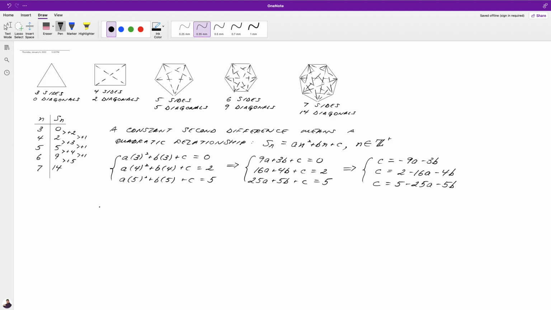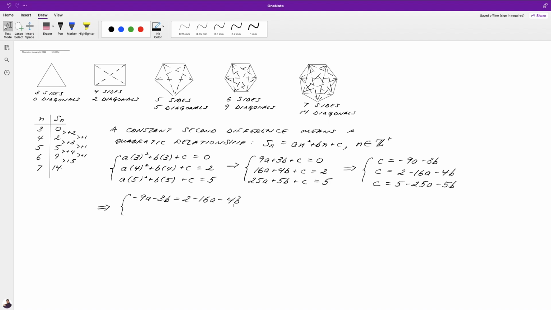So now, let's set the top c equal to the middle c, and then let the middle c equal the bottom c, and we will thereby reduce to a 2 by 2, eliminating the need to even consider c. So, setting the top equal to the middle equation, we have negative 9a minus 3b is equal to 2 minus 16a minus 4b.